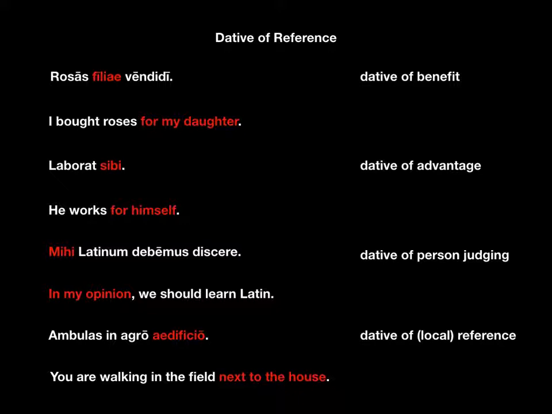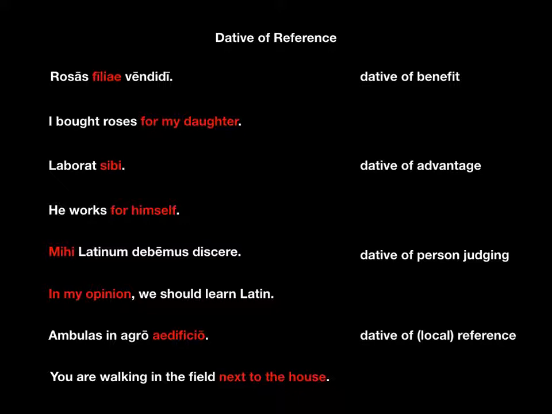So we're saying in the field, which field? Where is the field in reference to something else? And the thing we're saying that it's in reference to is the building, the "edificio." So that's just a few examples of the dative of reference.